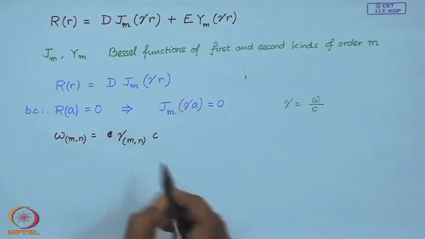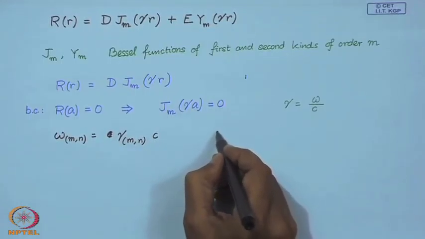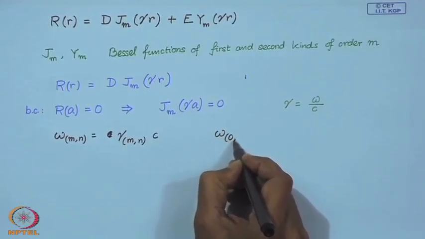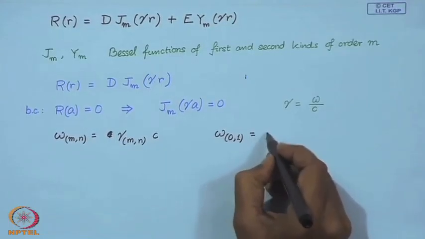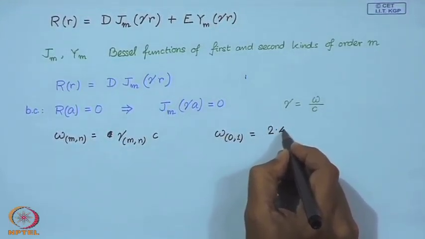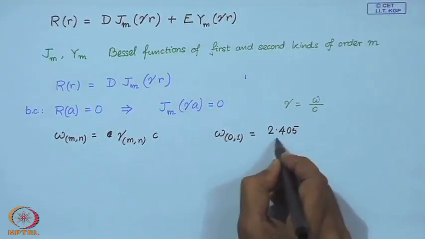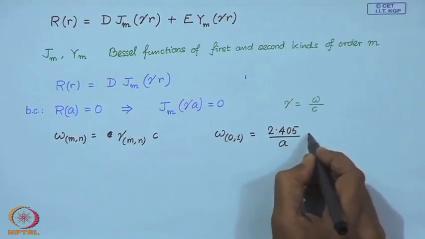Now, gamma mn, let us say omega 01, as we have seen, is 2.405 over A times c.